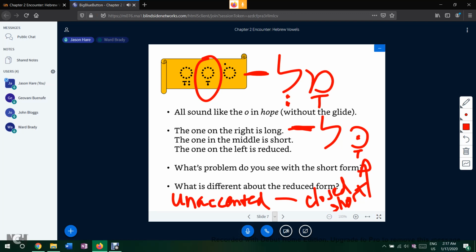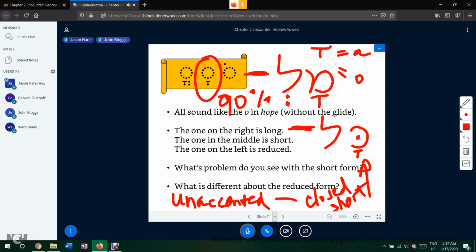That's something you just have to memorize. But we'll get into syllabification in the next lesson, so it's not a big deal. Just notice that about 90% of the time when you see kamatz, it is a. And that means about 10% kamatz is o.